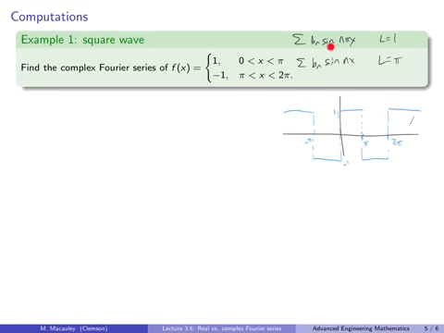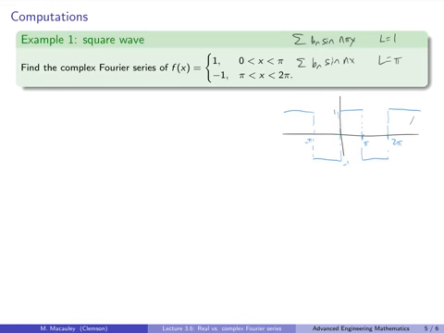So the only difference here is this pi in here. The actual coefficients don't change. Now that's maybe not completely obvious, but I encourage you to think about it and convince yourself as to why that is. And you should see it pretty easily without much trouble.